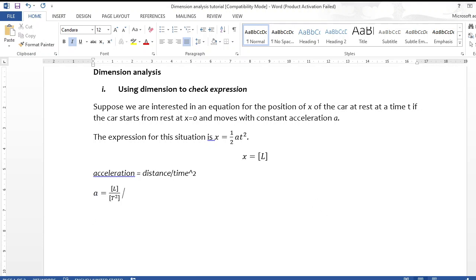We also said in class that you can write this, L over T squared, as L T to the power negative 2.